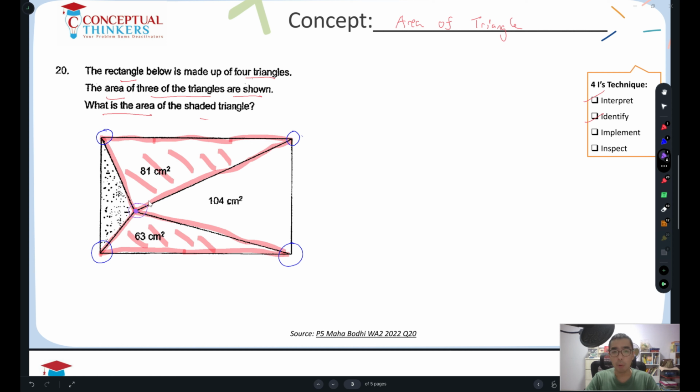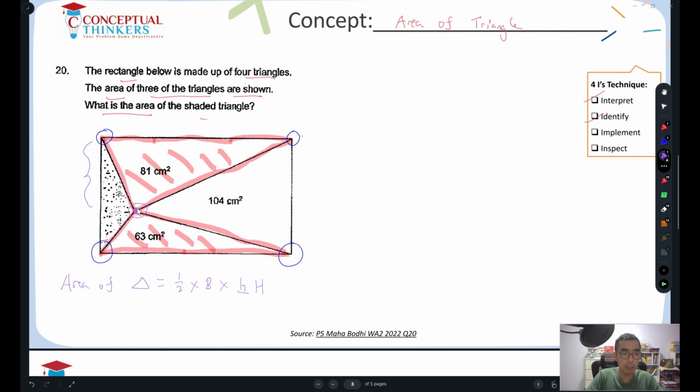Why we can conclude that is because if you look at the area of triangle formula, it will be half times base times perpendicular height. So the base here, both of them have the same base, right? Because they are on the length of the rectangle. Now the next point will be about the height.